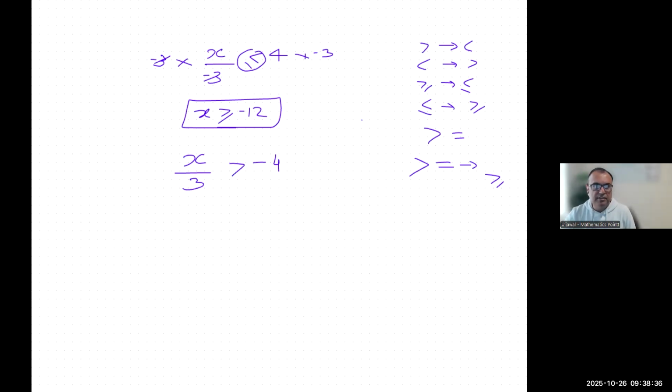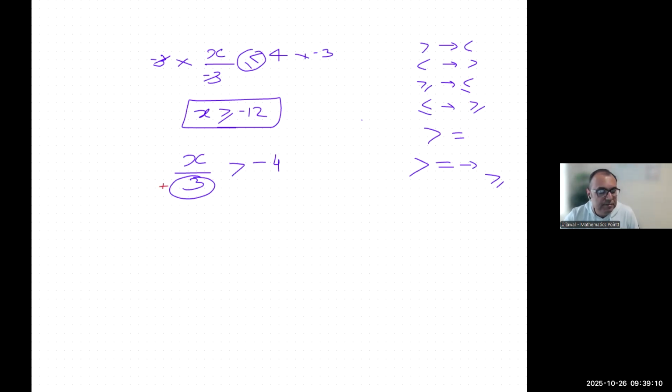All right, let's get this cracking. Now, this 3 is dividing the x. Hear me out very loud and clear. This 3 is being divided. It's a division. But this 3, my dear kids, is a positive 3.